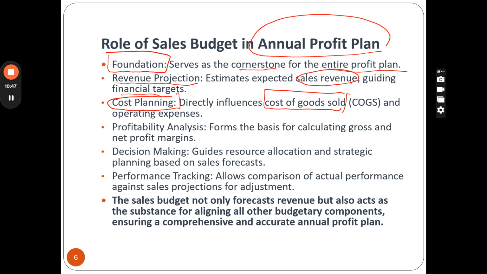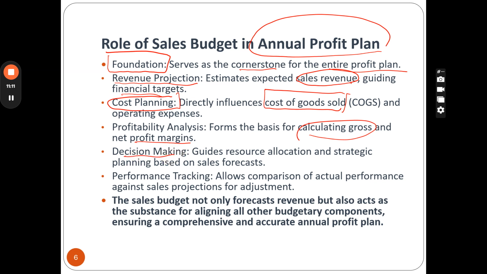When you are going to sell more, your cost of goods sold is going to be more. So cost planning can be done. Profitability analysis. This forms a basis for calculating gross profit and net profit margins. When you know the total sales, you can also find out how much my gross margin and my profit margin are going to be.